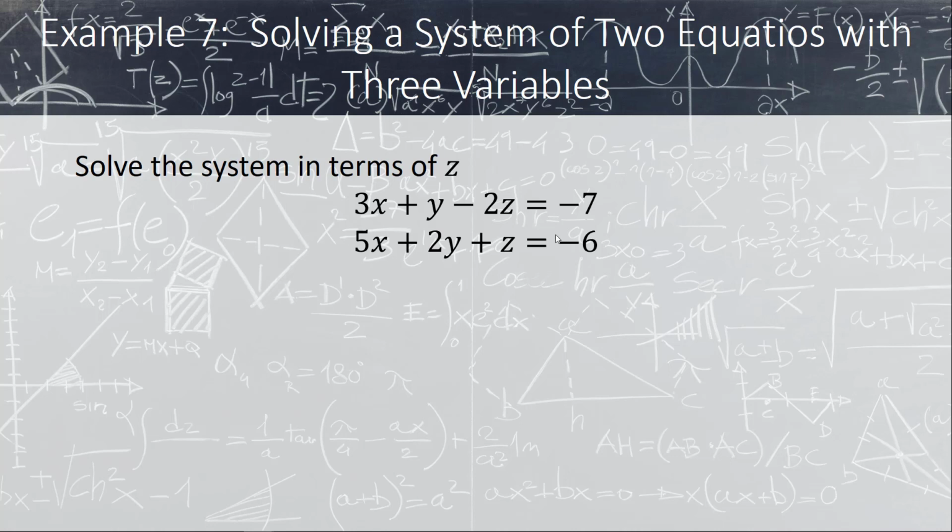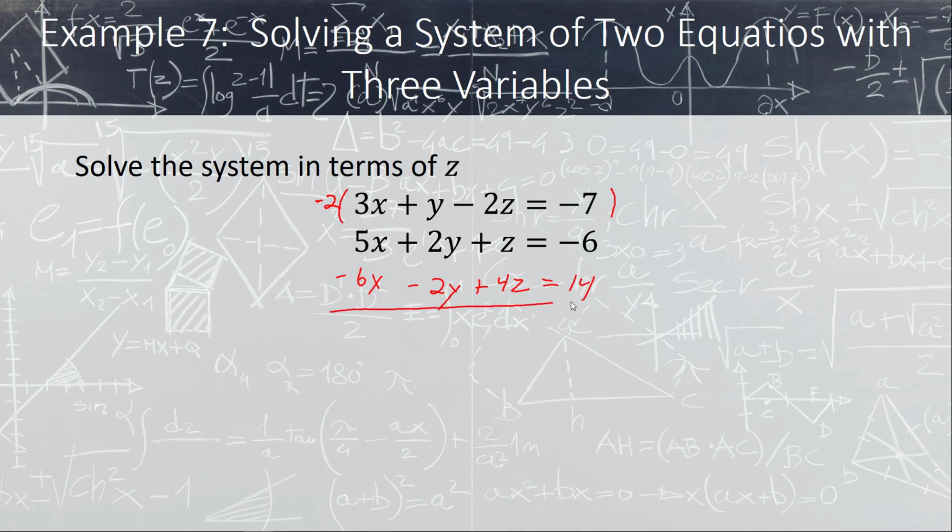Now, to do that, we need to eliminate not z, but one of the other 2 variables, such as maybe y. We can do that by multiplying this equation by -2. If we do, I will have -6x minus 2y plus 4z is equal to 14.